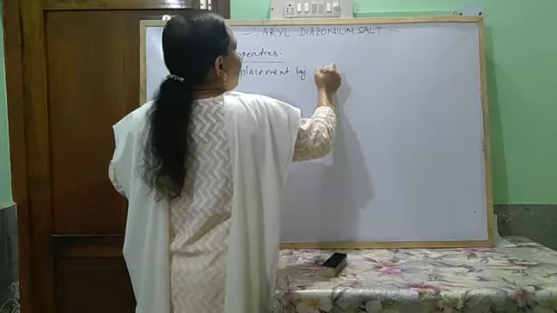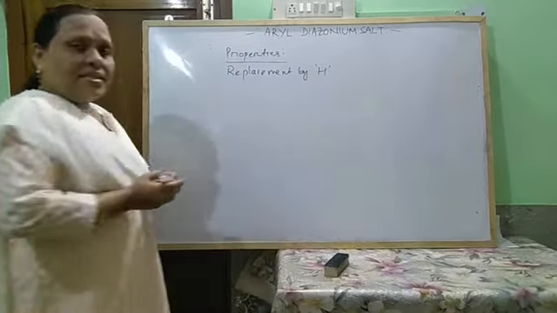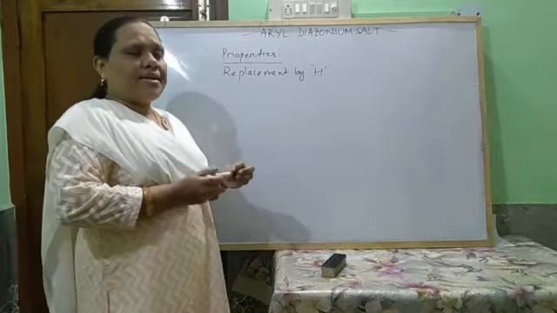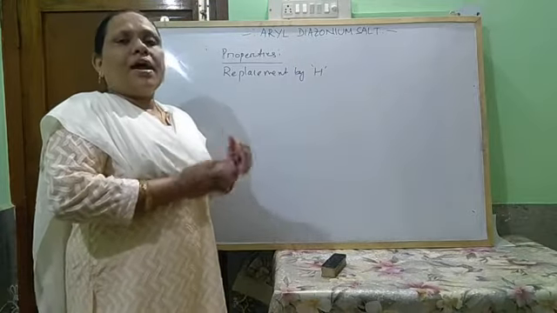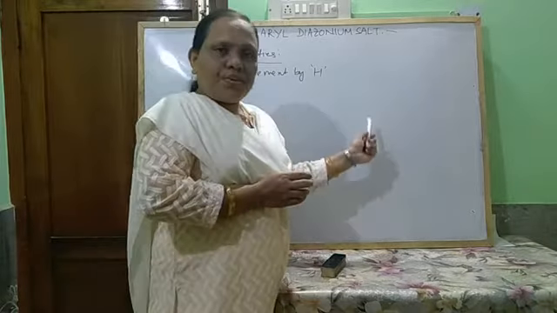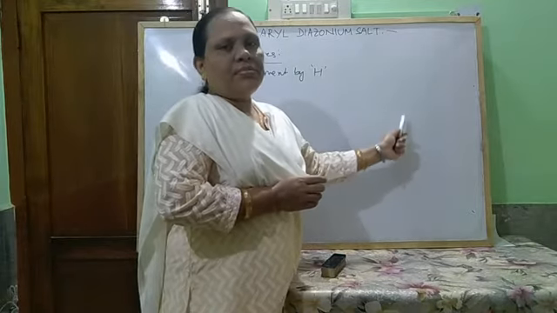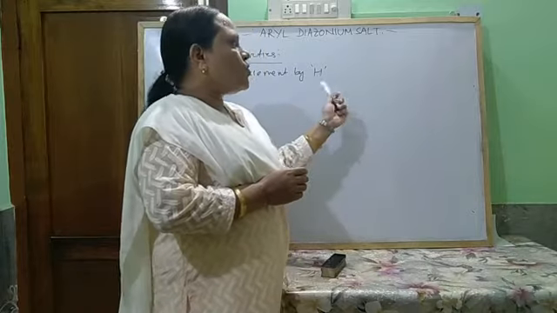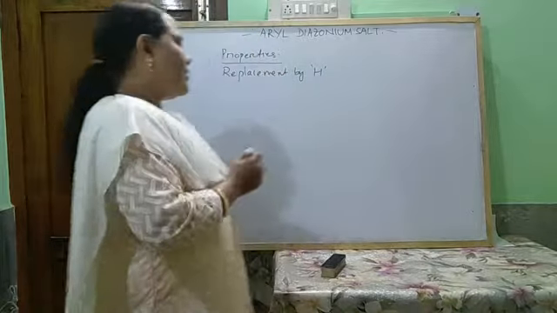When benzene diazonium chloride reacts with hypophosphorous acid in presence of a cuprous salt, it forms benzene, and the diazonium group is replaced by hydrogen.